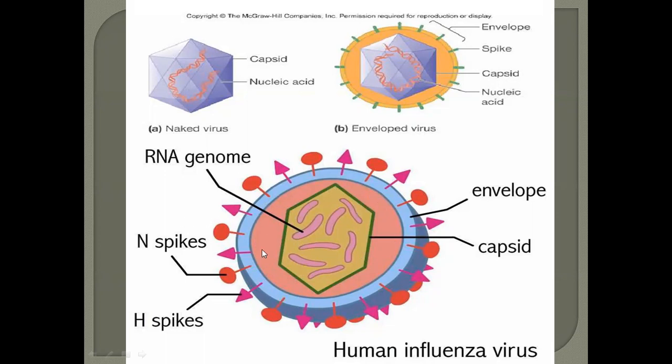Around that there is an envelope, and the envelope carries spikes. There are two types of spikes: this is the H spike and this one is the N spike. So this is about the spikes of enveloped viruses.